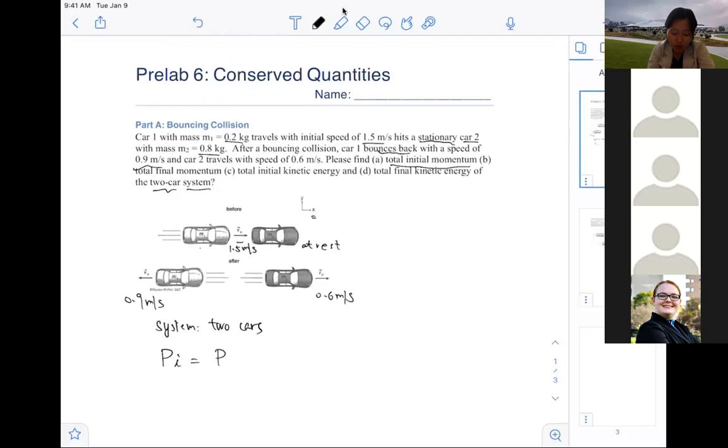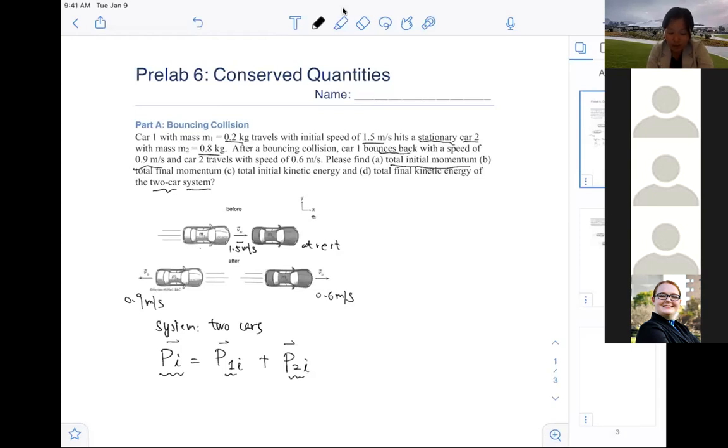It is car 1 initial, P1i, plus car 2 initial, P2i. Now, these are all vectors, so the correct expression should be with a vector sign on all of them, right? So you have two cars, the total momentum is car 1 plus car 2.